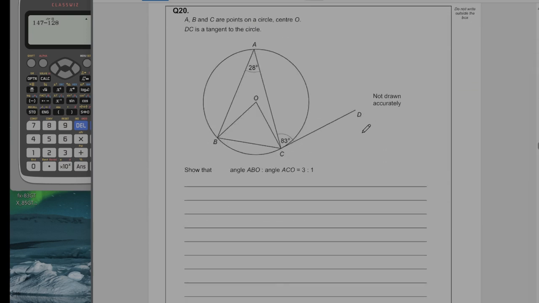Question 20. A, B, and C are points on a circle with center O. DC is the tangent. Show that angle ABO to angle ACO is 3 to 1. Right, so let's label the two angles that we're talking about. So ABO is that angle there. I'll call that X for now. And we want ACO, so A to C to O, that angle there.